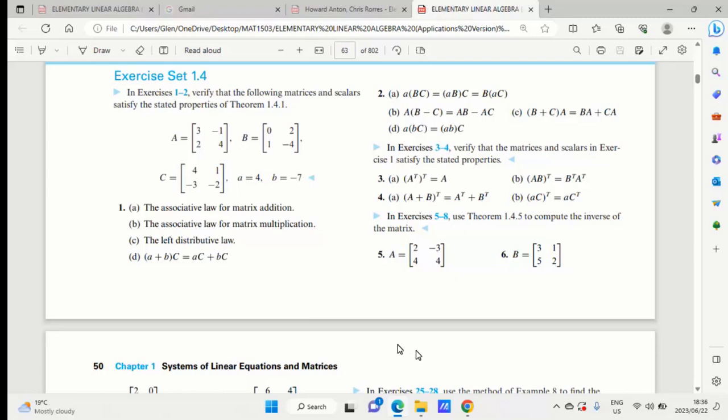Okay, so my BA is a 2 by 2, positive 4, 8, and negative 5, and negative 18.